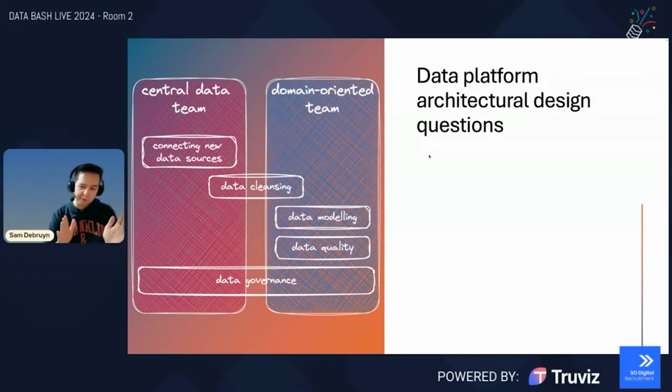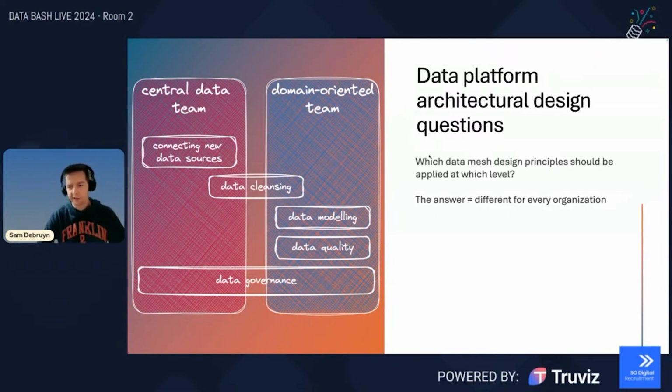But you also saw that you have to make sure that our different organizations, our different domains own the data separately in some way. How do you do it? So the answer is, of course, different for every organization. This is an example of what I often see being implemented. But the question is then, which data mesh design principles should be applied at which level?